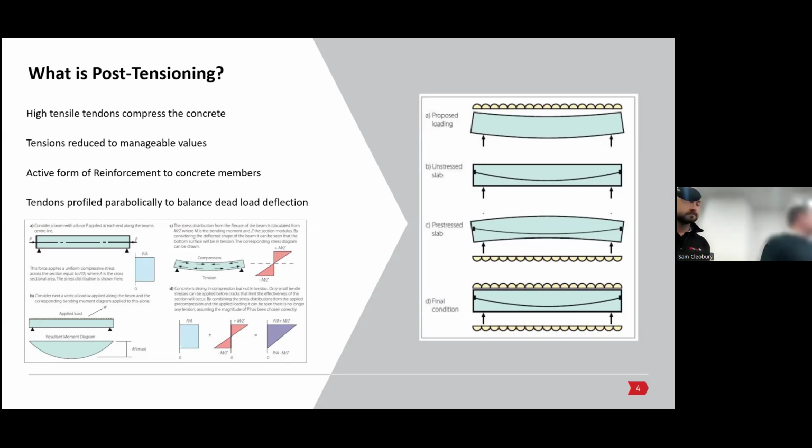Up here, you've got tension in the bottom base, compression in the top. You add the decompression to that stress block. The net effect is zero tension in the bottom, or very much reduced tension in the bottom. That's the aim of post-tension in slabs and beams and other structural members.